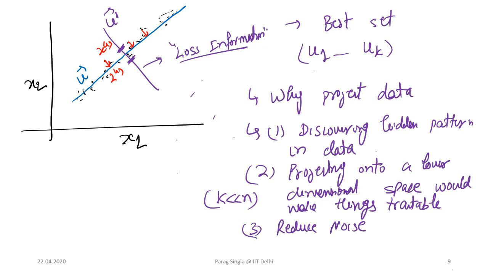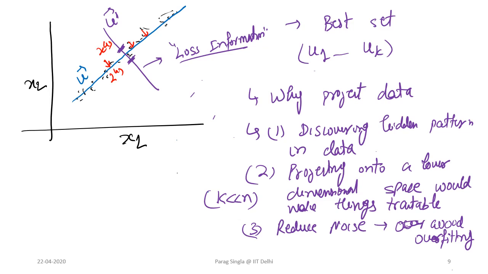If you project onto that lower dimensional subspace, there will be some loss of information, but most of that information which is lost is actually due to noise, and this reduction in noise will also lead to avoidance of overfitting when you do learning with projected data. So this is the third advantage.